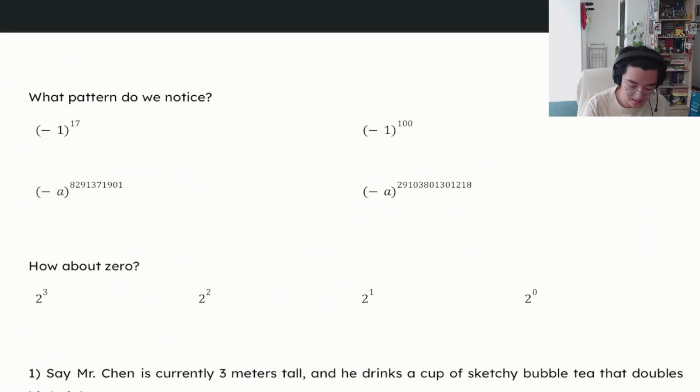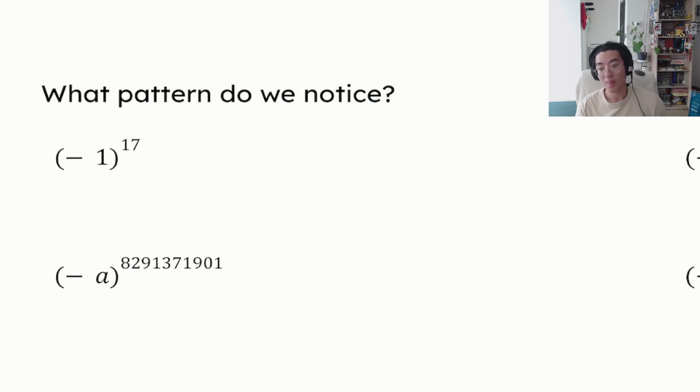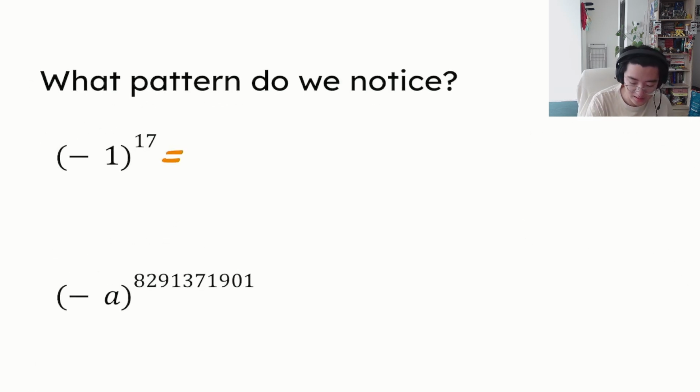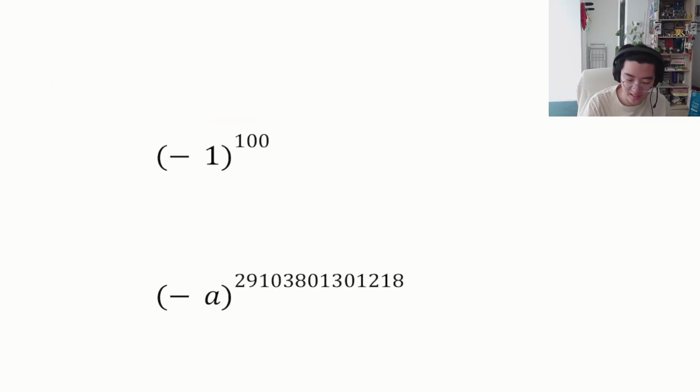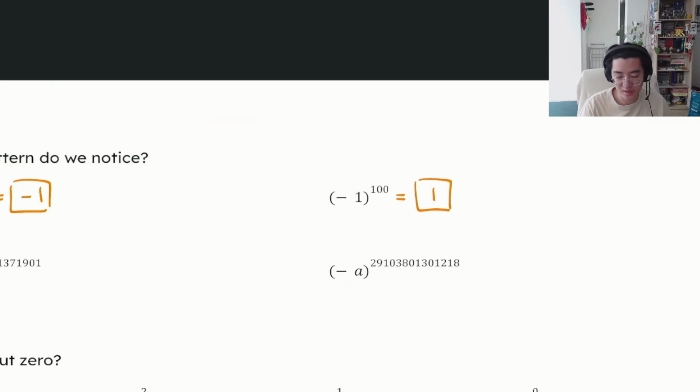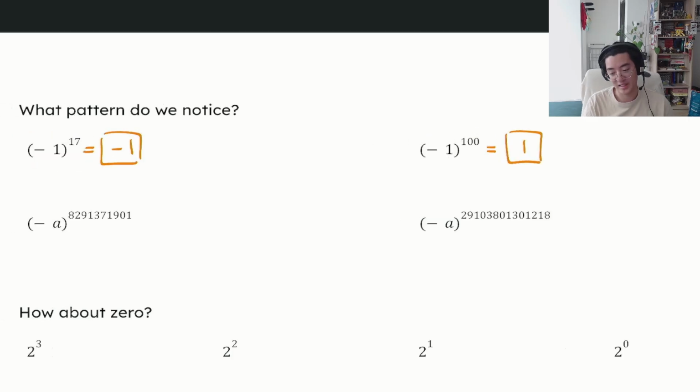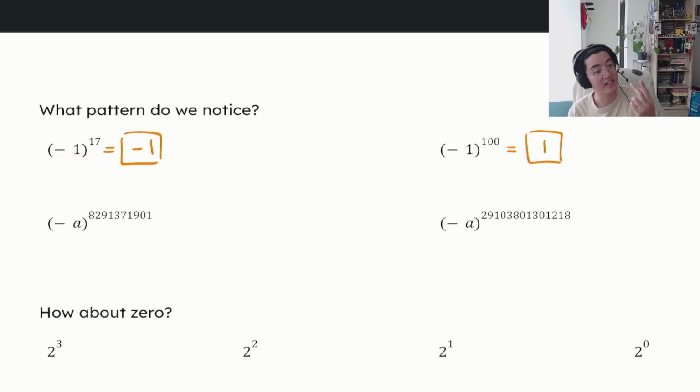Which means that whenever we have an odd exponent, it's going to be negative. And then whenever we have an even exponent, it's going to be positive. So that works for any single number, because 2 negative signs cancel out to be a positive sign, which is an even number.